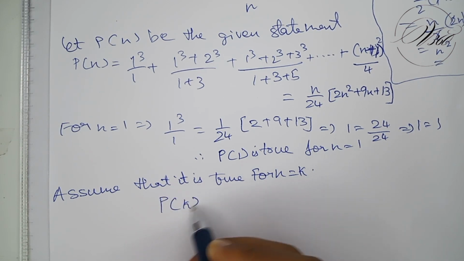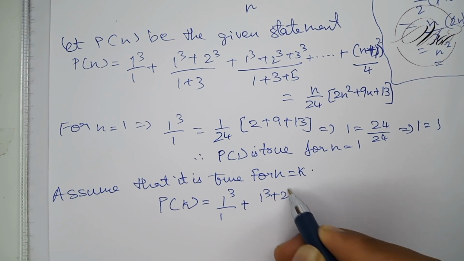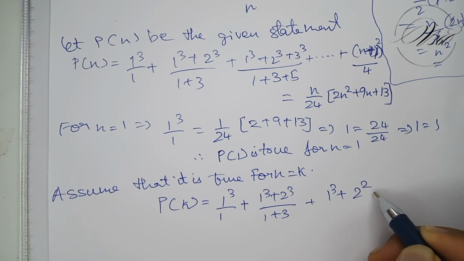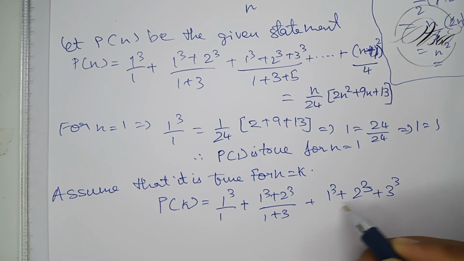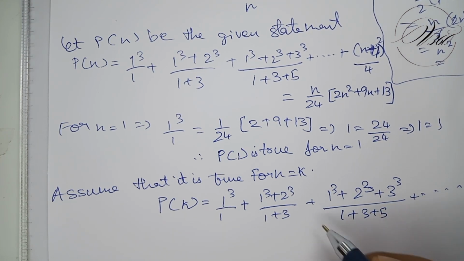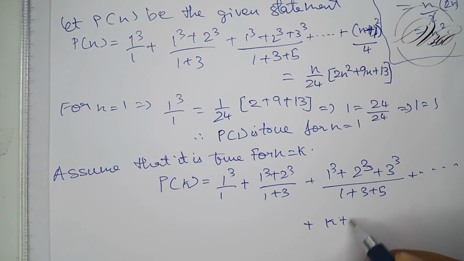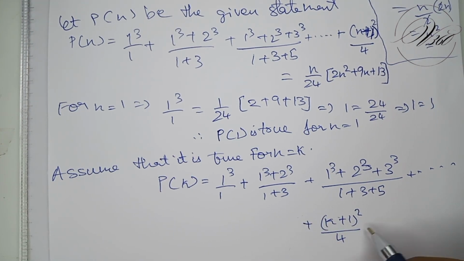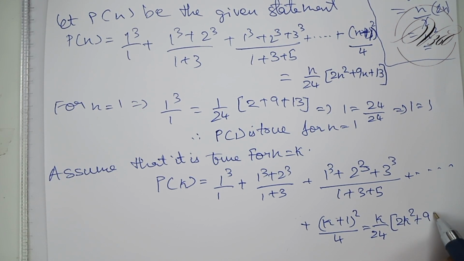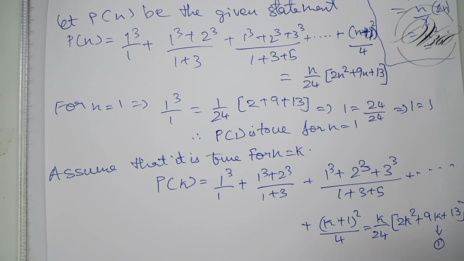Then p of k equals to 1 cube by 1 plus 1 cube plus 2 cube by 1 plus 3 plus 1 cube plus 2 cube plus 3 cube by 1 plus 3 plus 5 plus up to, here I will continue, k plus 1 whole square by 4 equals to k by 24 of 2k square plus 9k plus 13, which is the first equation.